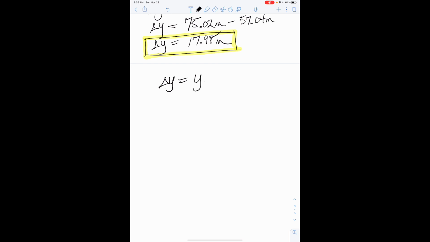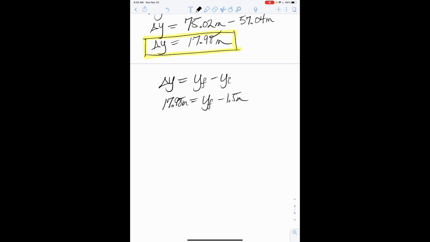Delta y is equal to yf minus yi. We know that delta y is 17.98 meters. It's equal to yf, which we want to know, minus 1.5 meters.